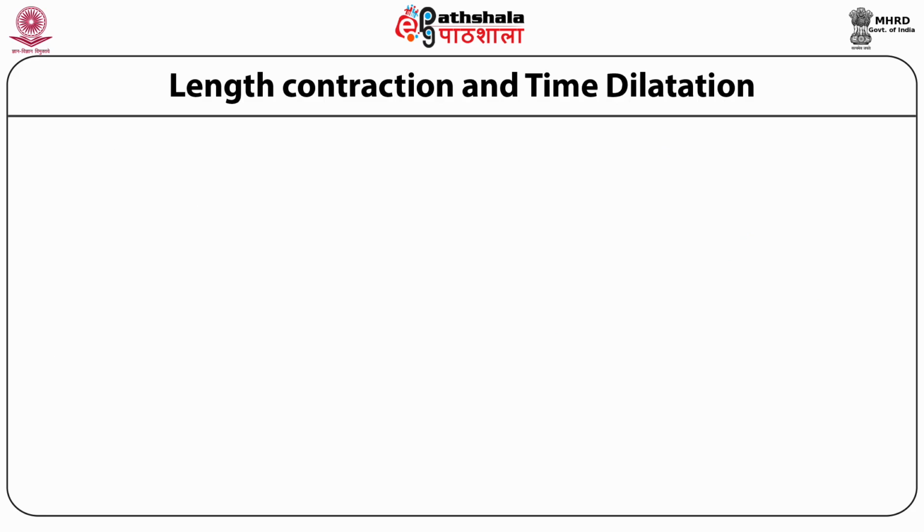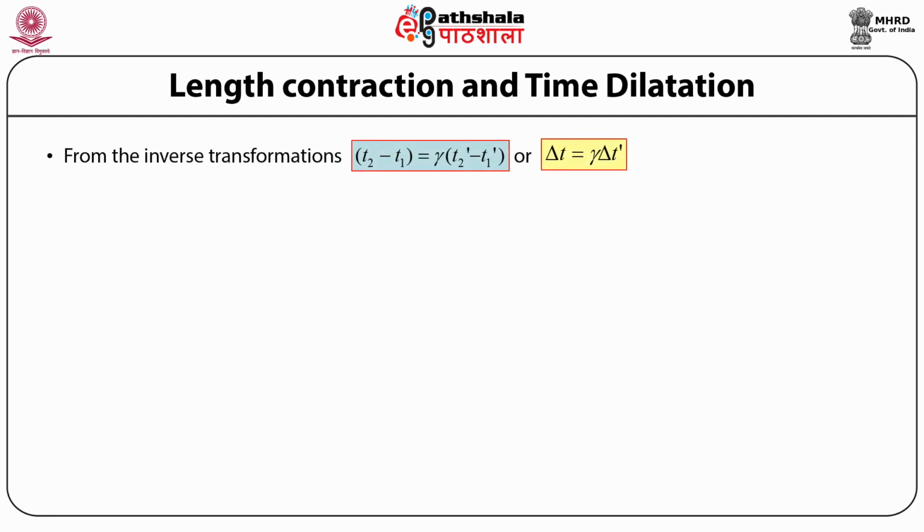However, if we use the inverse Lorentz transformations, then t2 minus t1 in the K frame of reference is equal to gamma times (t2 prime minus t1 prime), or delta t, which is equal to t2 minus t1, is equal to gamma times delta t prime, where delta t prime is equal to t2 prime minus t1 prime.